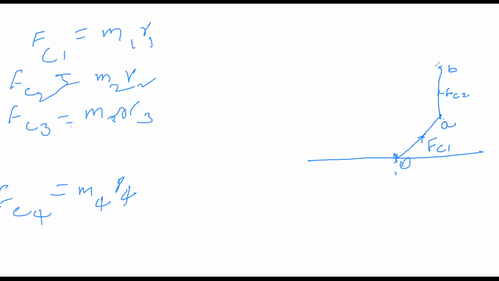And now the third value, FC3. FC3 will have the orientation, that orientation is 135 degrees angle. So that inclination is also placed in our BC.